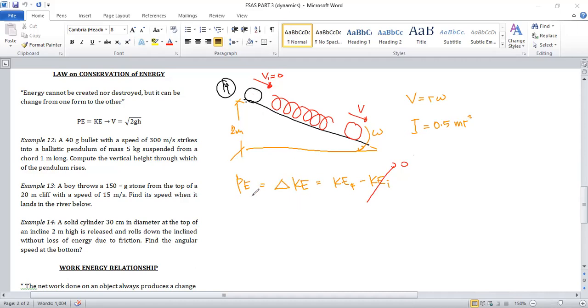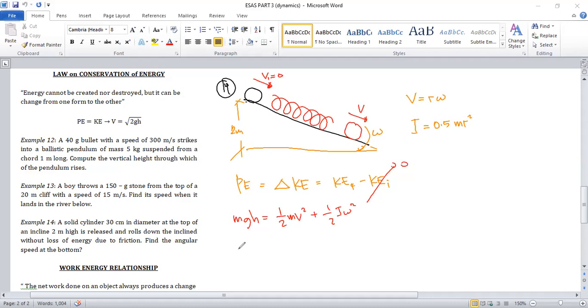Okay, so we then say that we have mgh equals the kinetic energy, that is 1/2 mv square for the linear kinetic energy, and at the same time, since it is rolling, plus 1/2 I omega square.